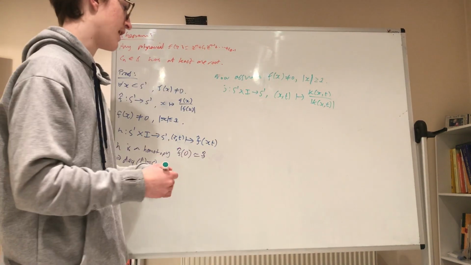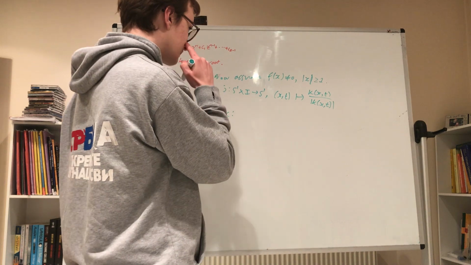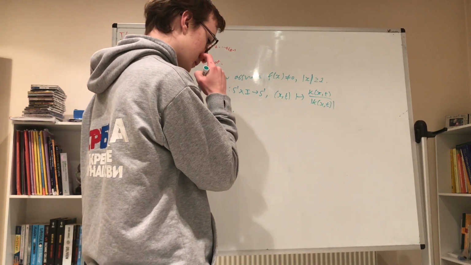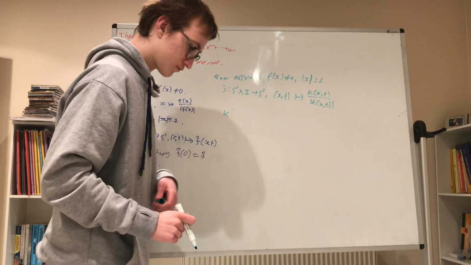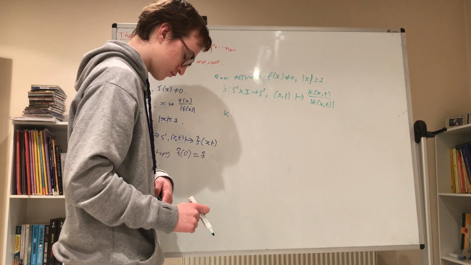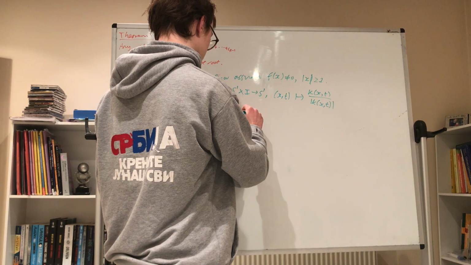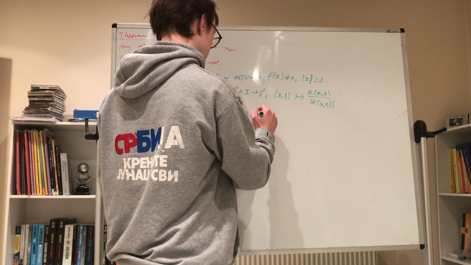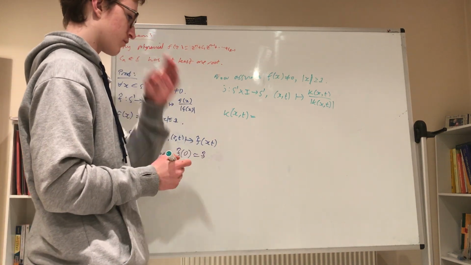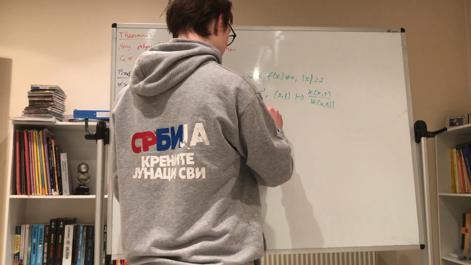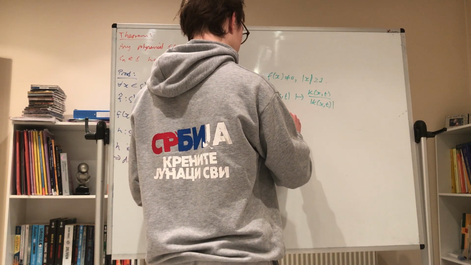Now, what's k? k of x_t is equal to t to the n times f of x over t.